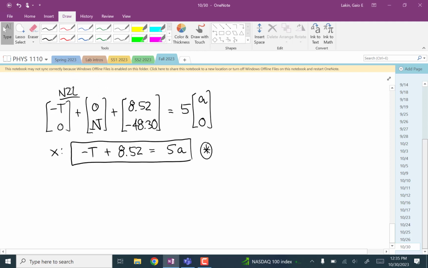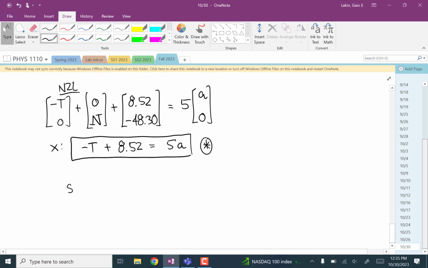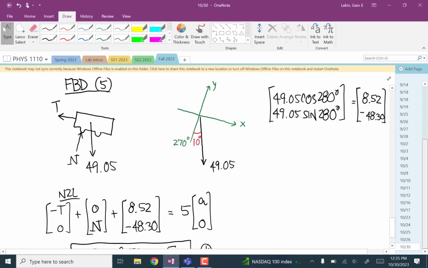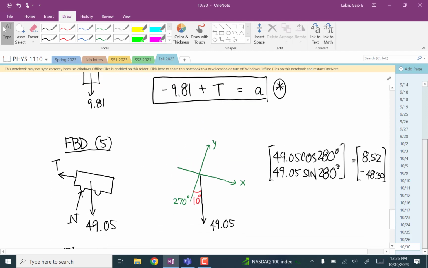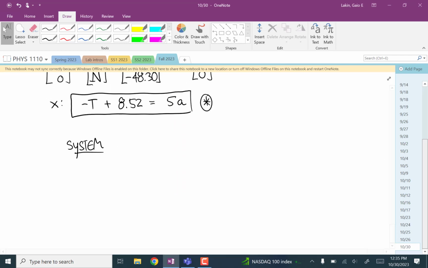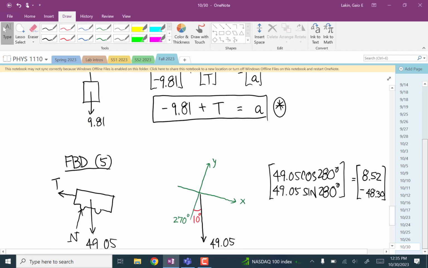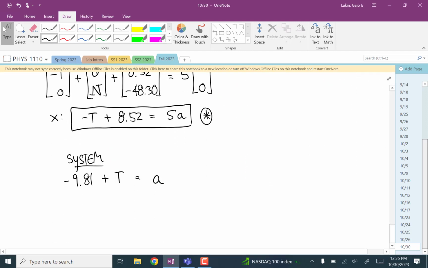And now we have our system of equations. So negative 9.81 plus T is equal to a. And our second one says negative T plus 8.52 is equal to 5a.